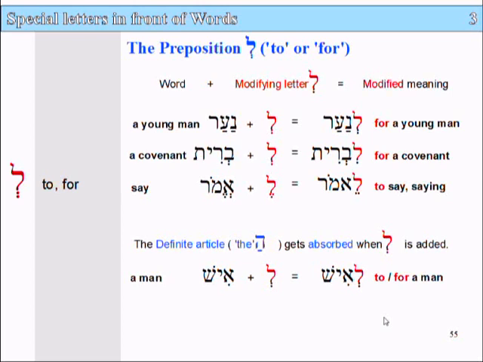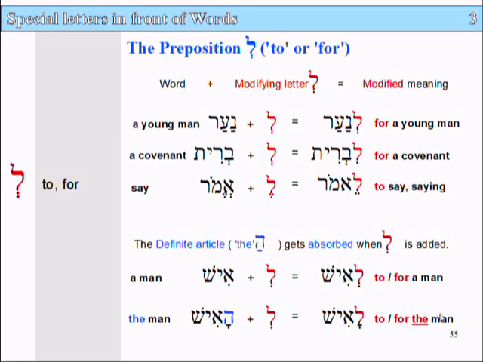Okay, but if we take a word for the man, ha'ish, and we add the lamed, the hay gets absorbed and the kametz is put under the lamed from the hay, and so we get laish. So it's spelt the same as the one above, but the vowel is different, and so it means the man.